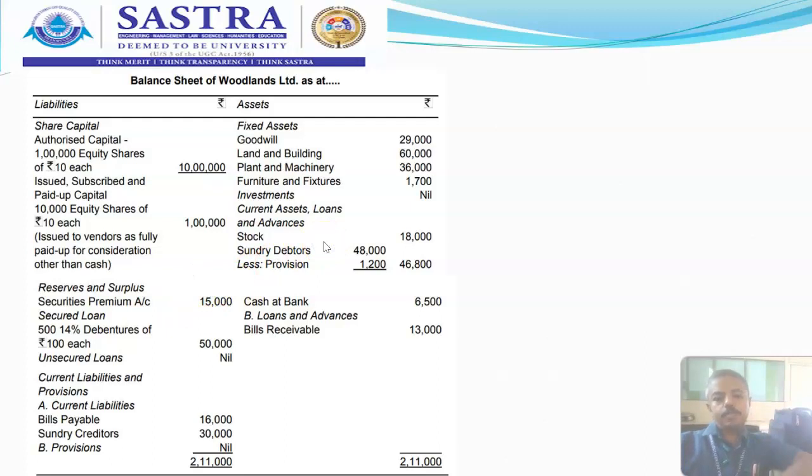The next is cash at bank. This is another important area where we need to do a working. In the question, how much is the bank balance? The bank balance in the question is rupees 29,000. Of this bank balance, what are the things that have been done? We have made two payments. One is the purchase consideration.